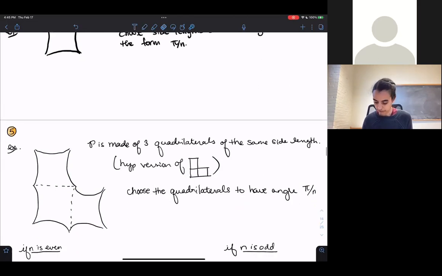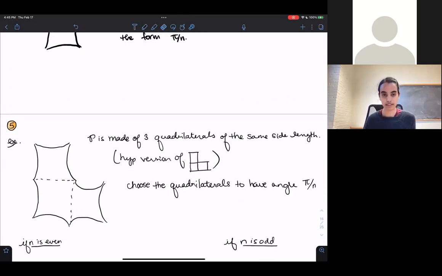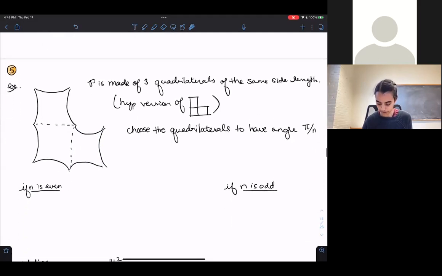Okay, now let's consider the 2 cases, if n is even and if n is odd, and we're going to see 2 different stories happen. So if n is even, then it is possible to reflectively tile the whole hyperbolic plane with these squares. And so I get this whole little picture here.